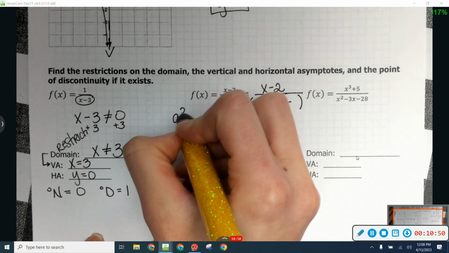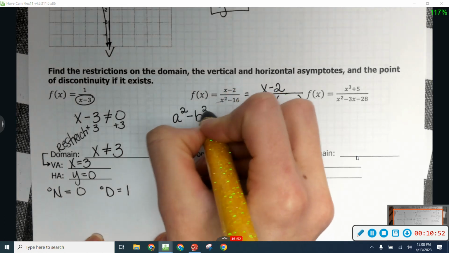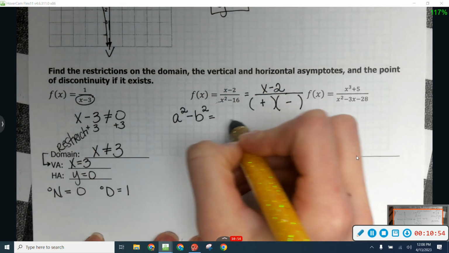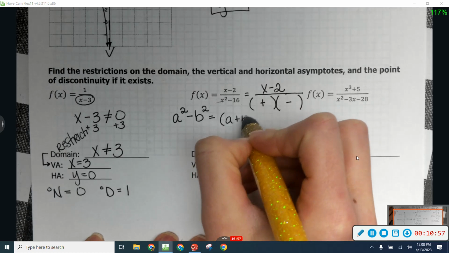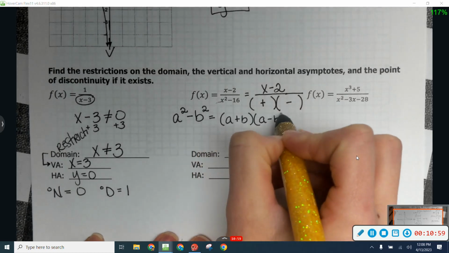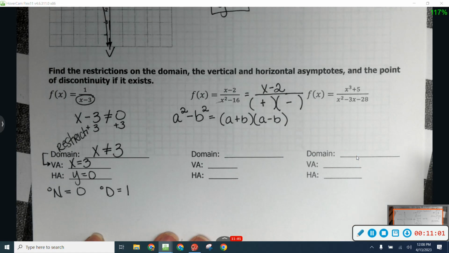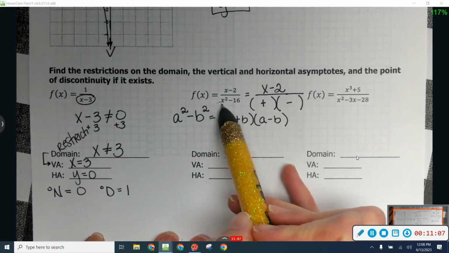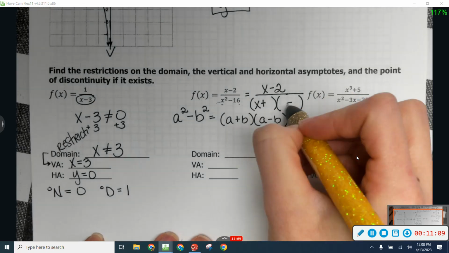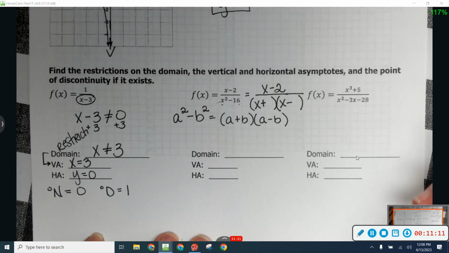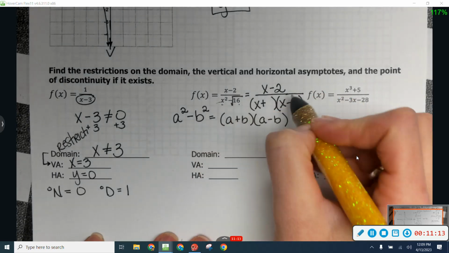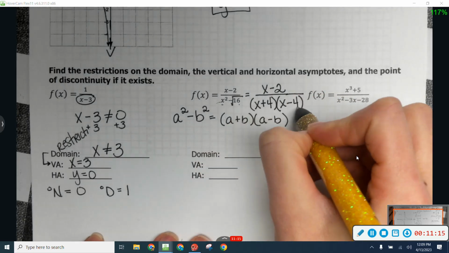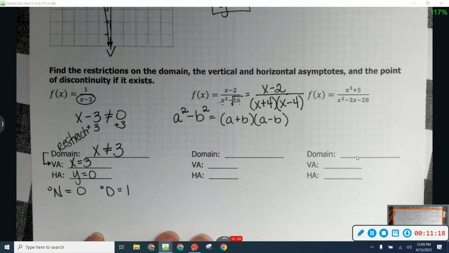If you don't remember, our formula was a squared minus b squared, and that would give you a plus b times a minus b. Okay, well, where did the a and the b come from? They have to be perfect squares, then you just square root it. So if I have x squared minus 16, it's going to be x and x. Square root of 16 is 4.